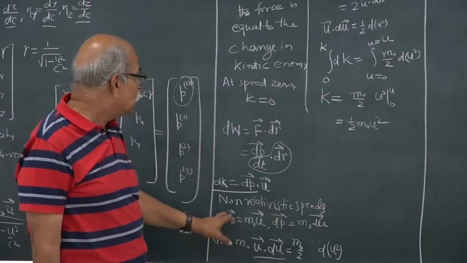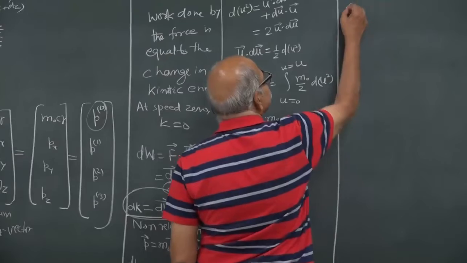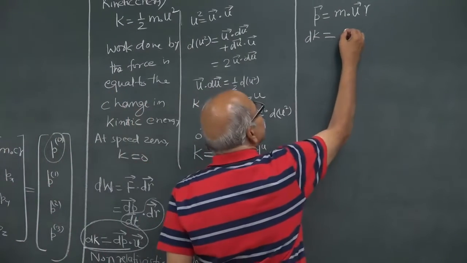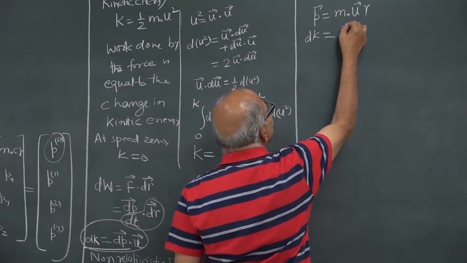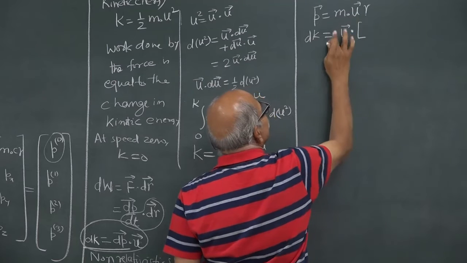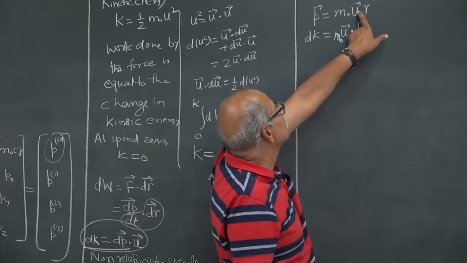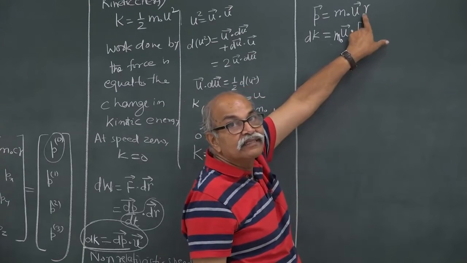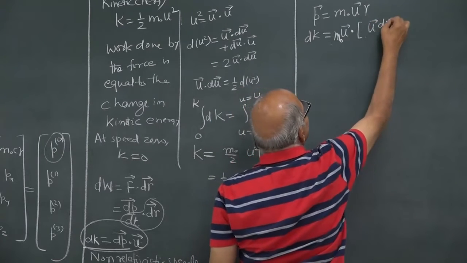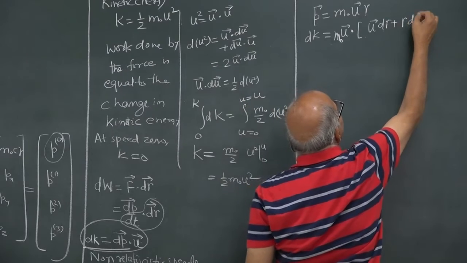Okay. So, we pick up from here, dK is equal to dp dot u, and what is dp? So, let me write u dot dp, and what is dp? dp is, m naught is constant, so I can write m naught here, and here u is here and gamma is here, again there is a product, and therefore it will be u d gamma plus gamma du.